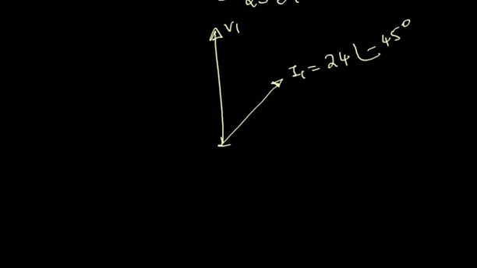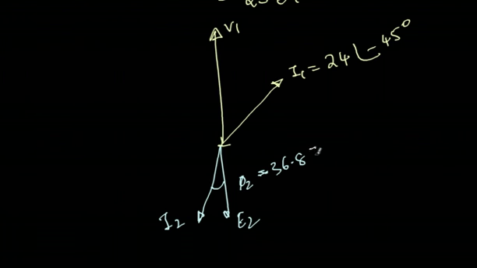Similarly, this is E2 and I2 was given to us. So from I2, and this angle is phi 2, which is 36.87, and this is lagging. That's why E2 is leading and I2 is lagging. So I get the I2 dash.